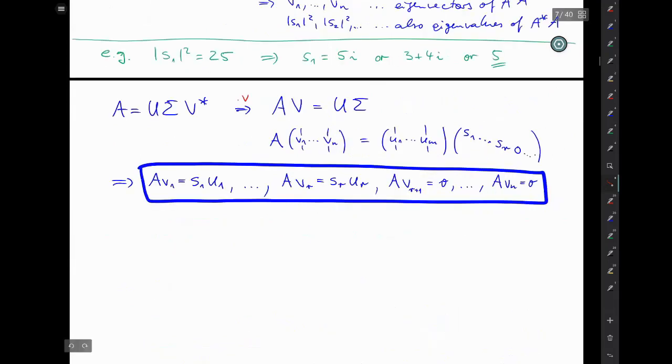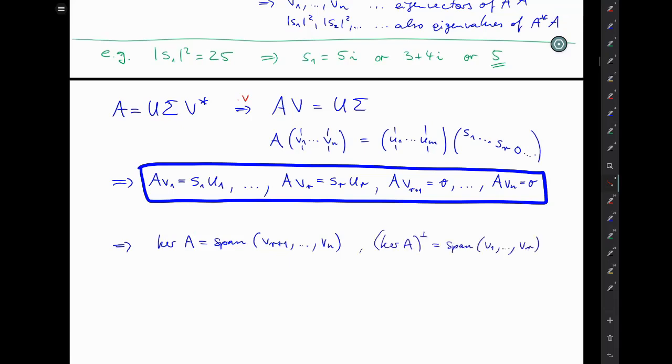But from this box here you can conclude that v_{r+1} until v_n are in the kernel, and actually they span the kernel. And because your v's form an orthonormal basis of R^n or C^n, you just have to take the span of the other v's to get the orthogonal complement of the kernel.